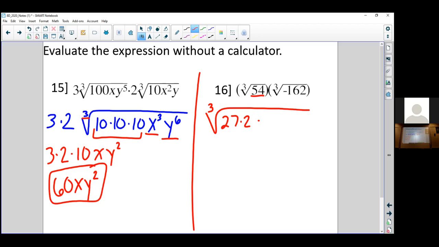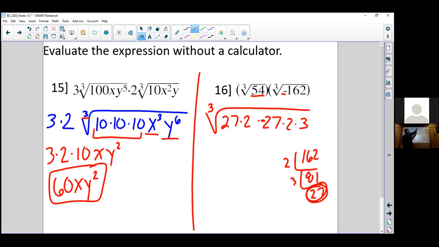No. How can I break up 162? I don't see it right off the top of my head. So if I don't see it off the top of my head, let's do this. 2 goes into 162 81 times. 3 goes in there 27 times. Hey, that 27 means something. So 27 times 2 times 3. And we're going to make the 27 our negative to abide by that negative.